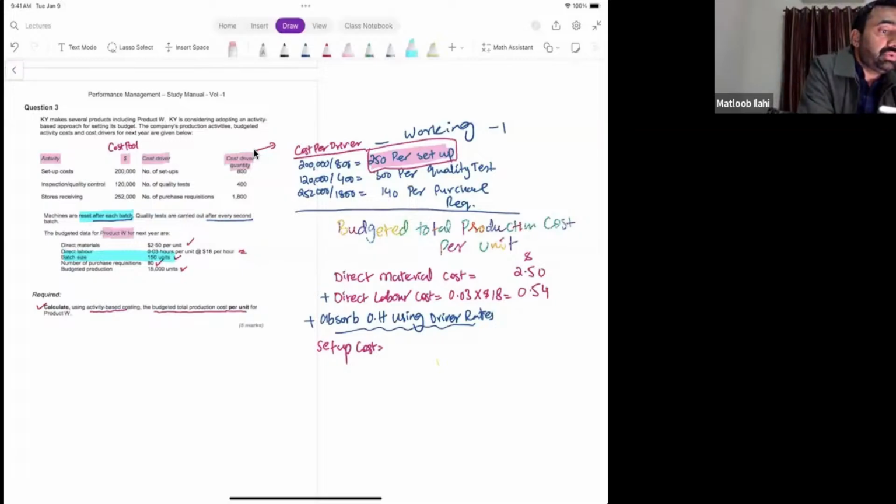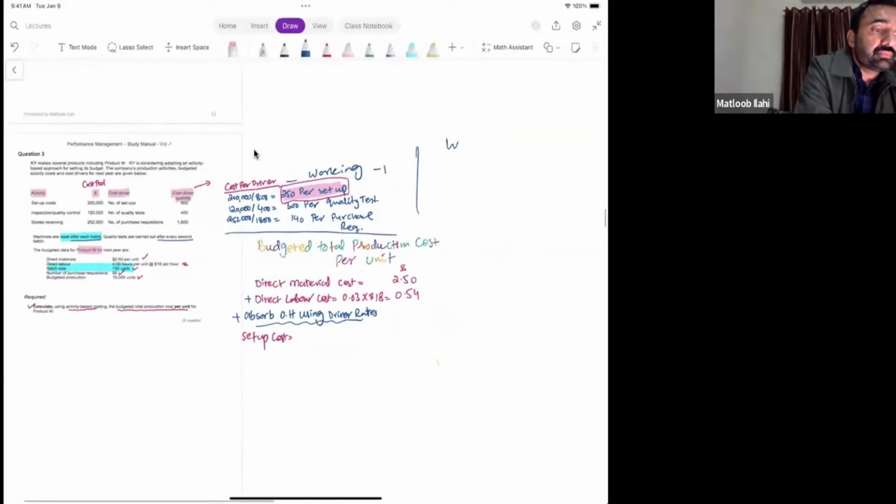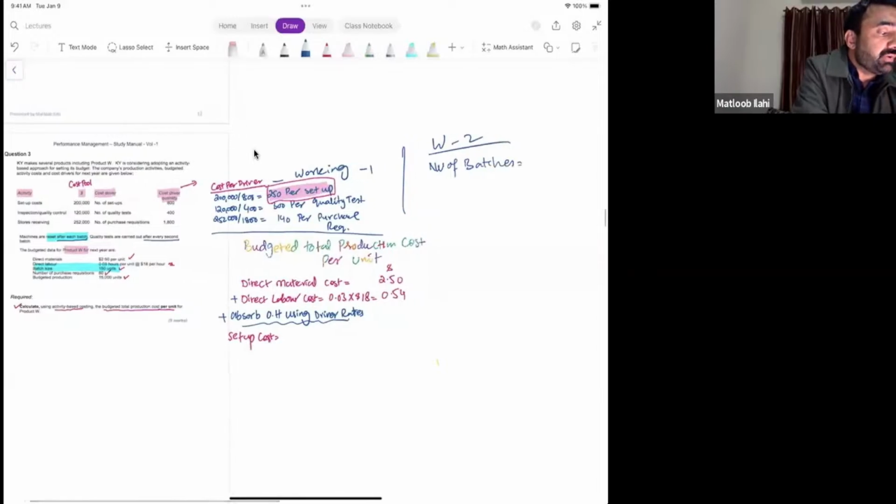So we need to do this working here, working two, number of batches. Batch size is 150 and production is 15,000 units.